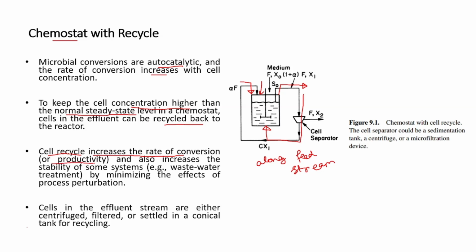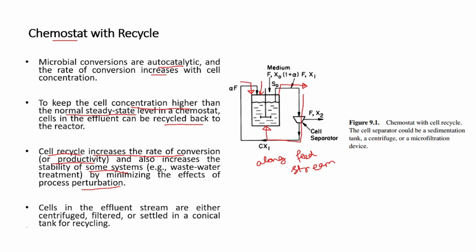Now, why is cell recycling done? Cell recycling increases the rate of conversion or productivity, and also increases the stability of some systems, such as in wastewater treatment, by minimizing the effects of process perturbation. This is done mainly to increase productivity.